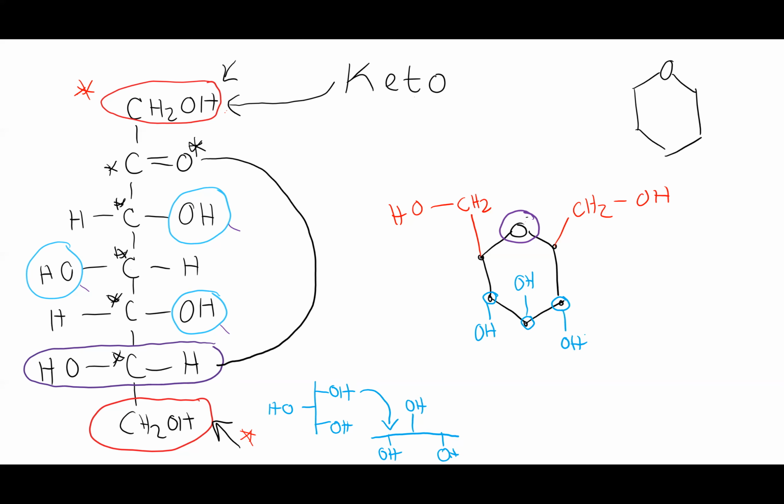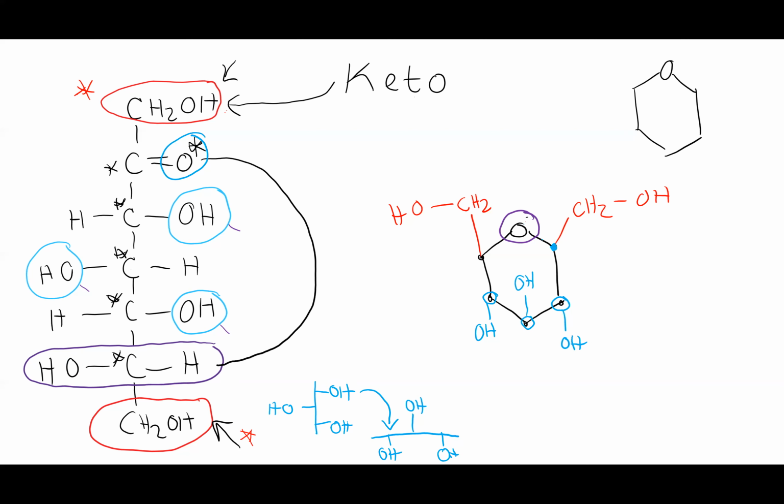Now, what about this final oxygen that I've highlighted here on the carbonyl? The oxygen on the carbonyl, remember, is not the one that becomes integrated into the ring. That is this oxygen, this OH group on the bottom. This oxygen becomes a new OH group, and it exists on the carbon to the right.